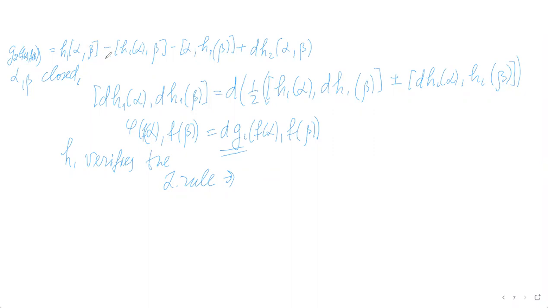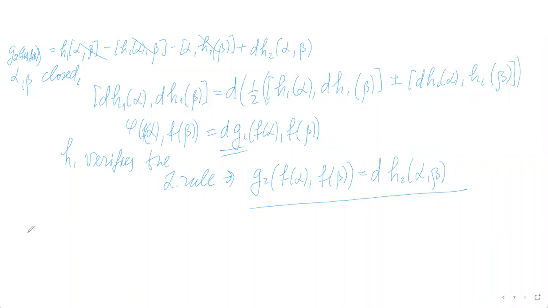They cancel out. And in this case, G2 of F of alpha, F of beta is equal to D of H2 of alpha, beta for some H2. So it is not just closed, it is exact, which is very important.